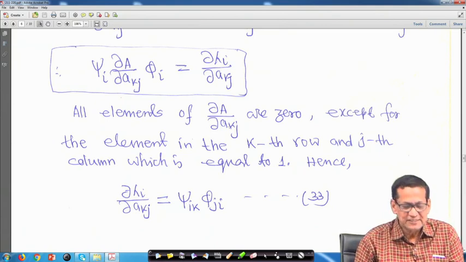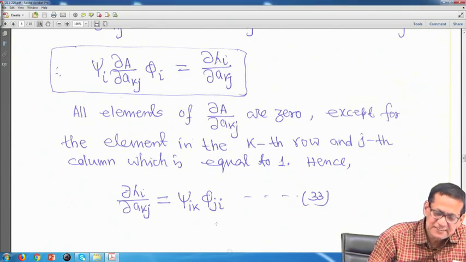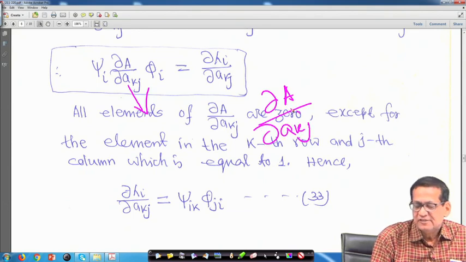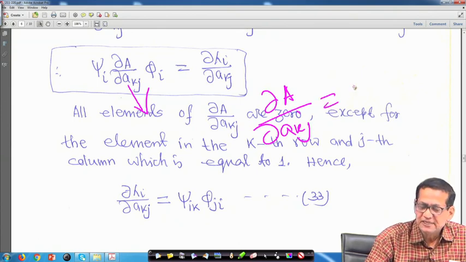So, that means ∂A/∂A_kj will be 1, with respect to the kth row and jth column element, and this should be equal to 1.